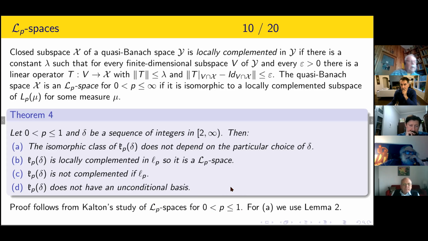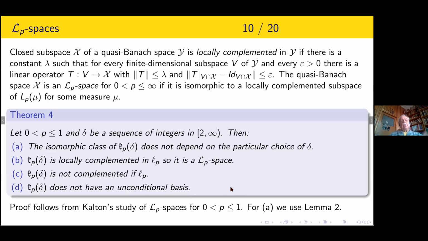Let me say right now what the situation is. This definition applies also for Banach spaces. The difference for Banach spaces between this definition and the classical definition by Lindenstrauss-Pelczynski is that it is the same for P equal 1 and P equal infinity.